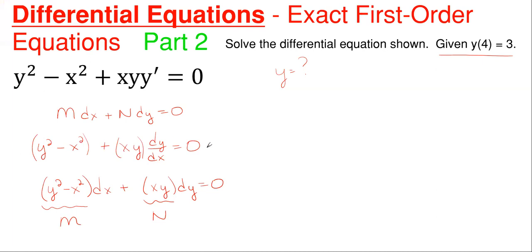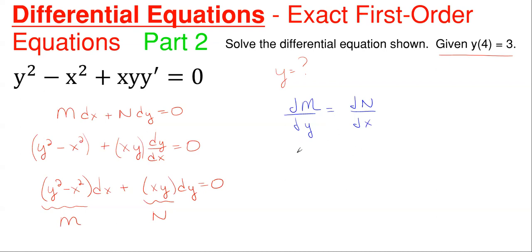Now, if we did have an exact first order differential equation, the following would be true: that the partial derivative of M with respect to y would be equal to the partial derivative of N with respect to x. So is that true?